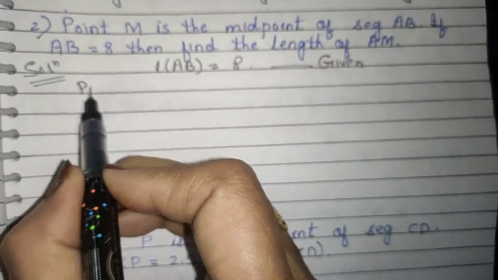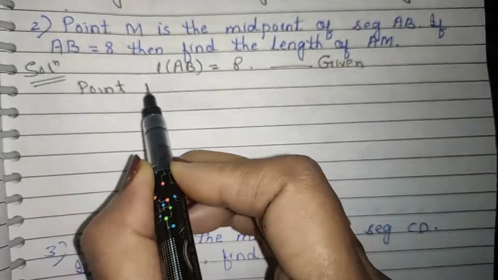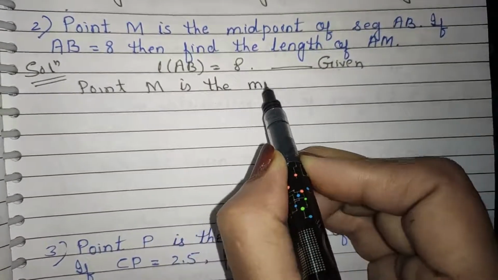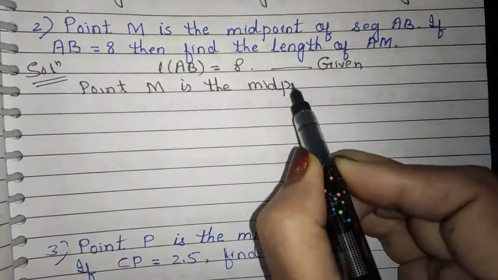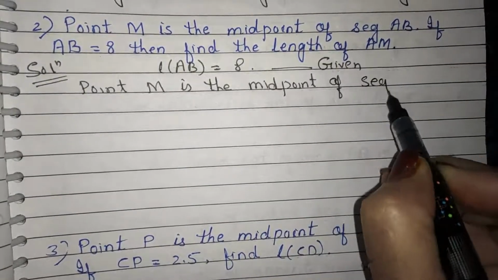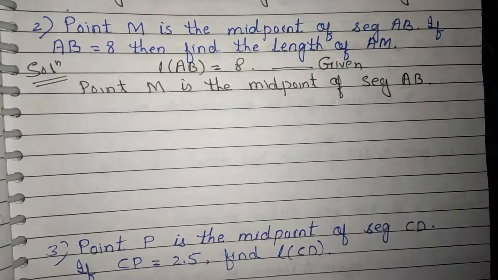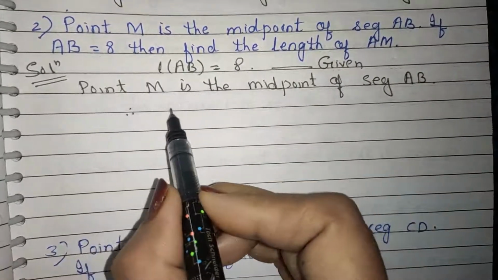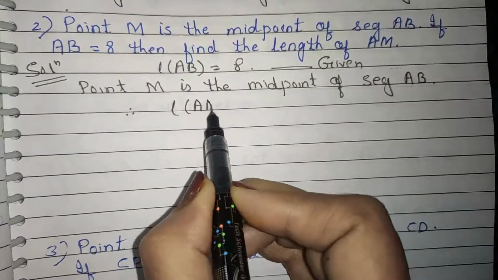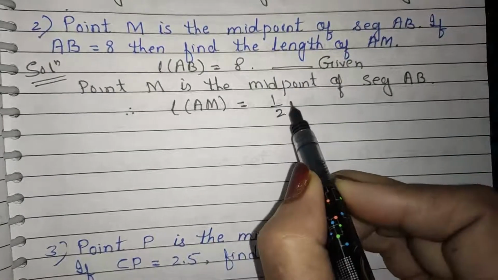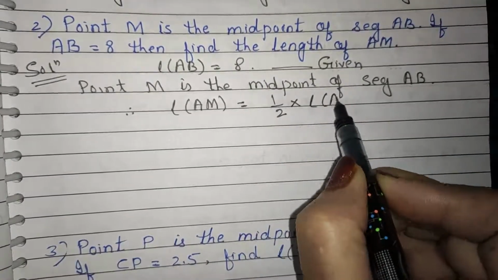Now, point M is the midpoint of segment AB. It is also given. Therefore, we can write here length AM is equal to half of length AB.